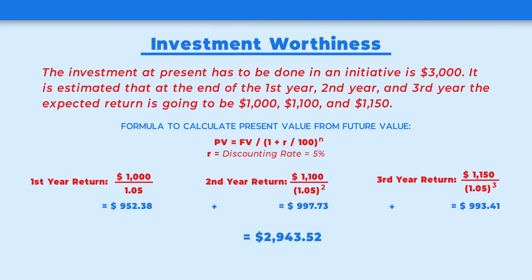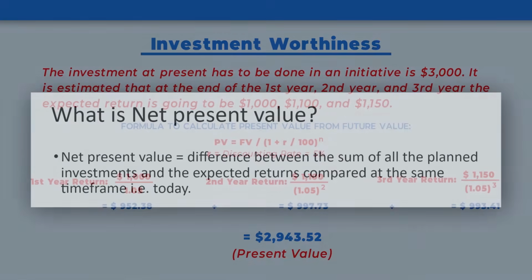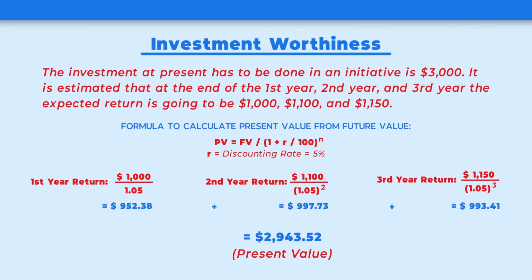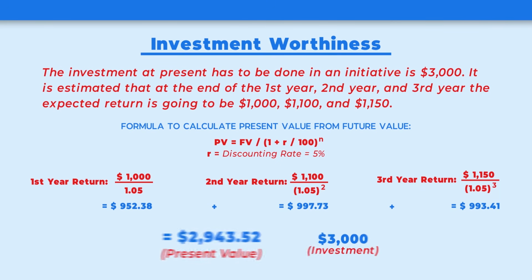Now, if you add all these three, it comes out to be 2,943.52. That's the current present value of all the expected returns in the future. Now, remember the definition of net present value. It is the difference between all the investments made today and all the future returns which are valued as on today. So as on today, the total returns value is 2943.52 and the investment is $3,000.